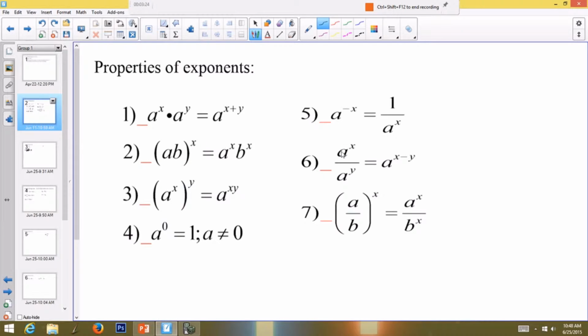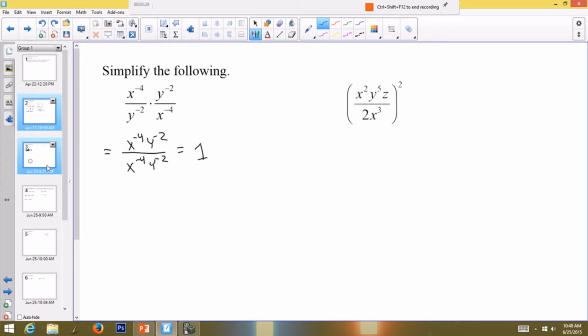We could say, all right, well, I've got an exponent over an exponent that have the same base, so I could subtract, and then I would have x to the negative 4 minus negative 4, times y to the negative 4 minus negative 4.